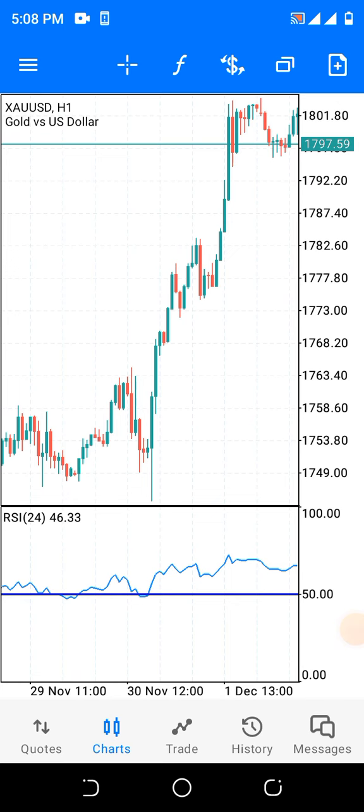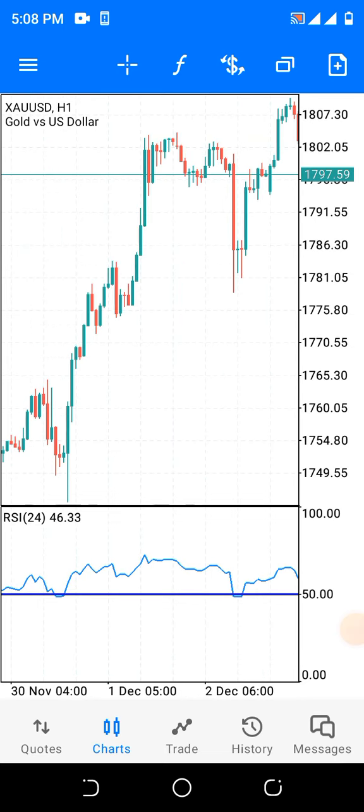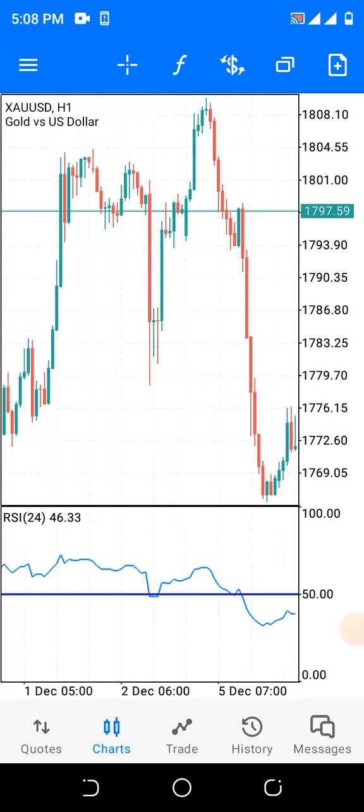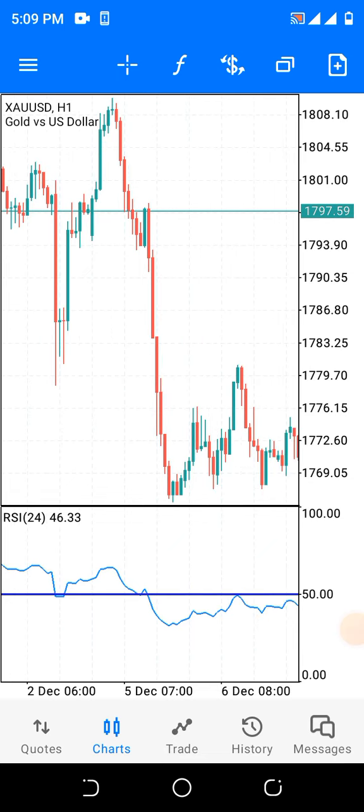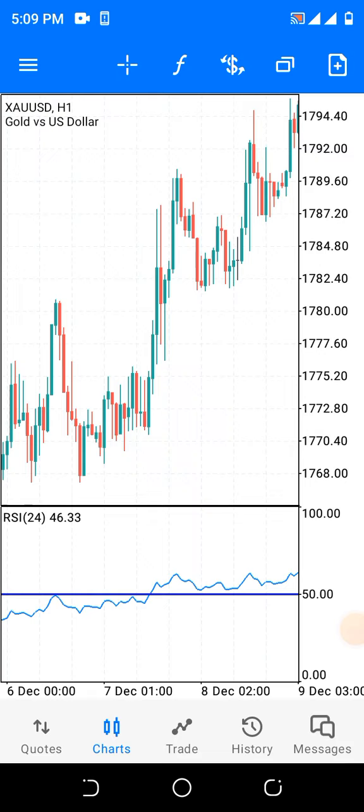Use pen and paper, write it down, or you can screenshot it. Understand the parameters and how to apply them, and then you will start making consistent profit trading gold.